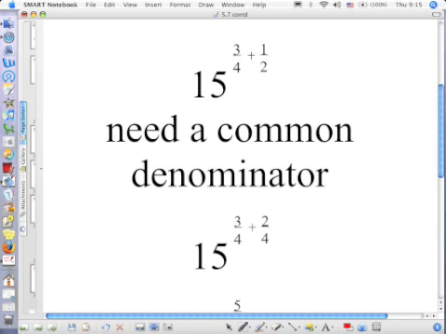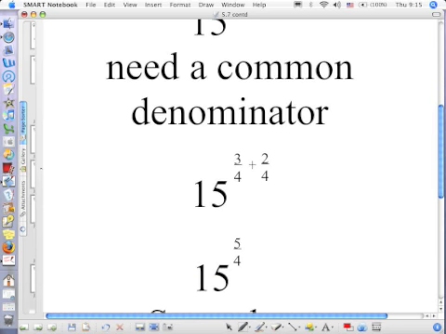So it becomes 3/4 plus 2/4, which is 5/4, okay? Notice the 15 has never changed. The 15 is staying 15. All I'm concentrating on right now is the exponents.